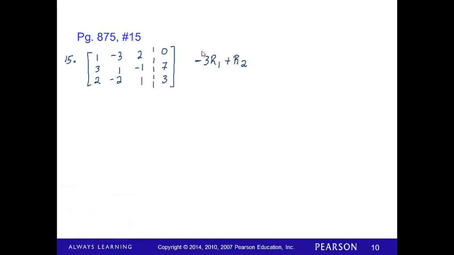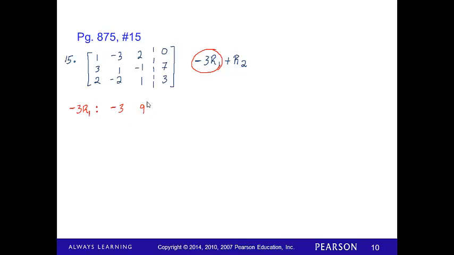Okay, so order of operations says you do multiplication first. So we need to do negative 3 times row 1. Let me write it down here. Every element in row 1 is going to be multiplied by negative 3.